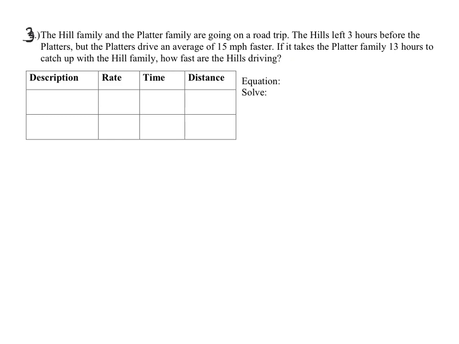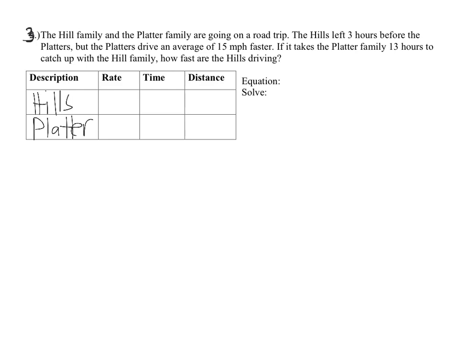So we were talking about the Hills and the Platter family. So let's type in my description, would be Hills and the Platter family. And then let's just see what we know about these guys. So we're trying to figure out if we know their rate, something about their rate, and something about their time, how long they've been traveling, not the time of day.